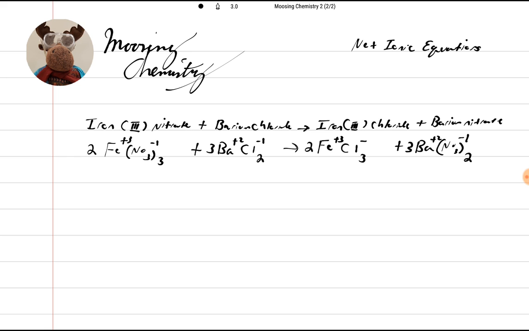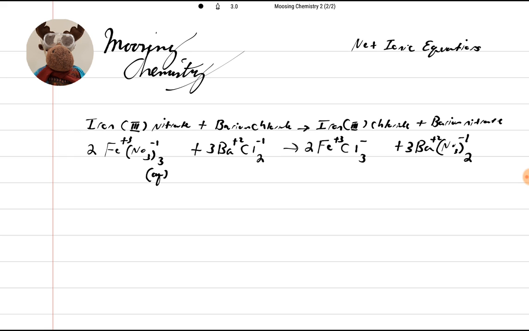Now we're going to look at our solubility rules. All nitrates are aqueous, they're all soluble, so we don't have to worry about that. Now let's look at barium chloride. According to the third rule of solubility, salts containing chlorine, bromine, and iodine are generally soluble. Important exceptions to the rule are halide salts of silver, lead, and mercury.